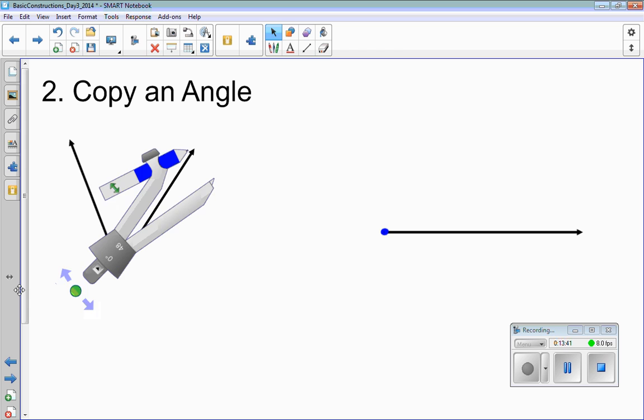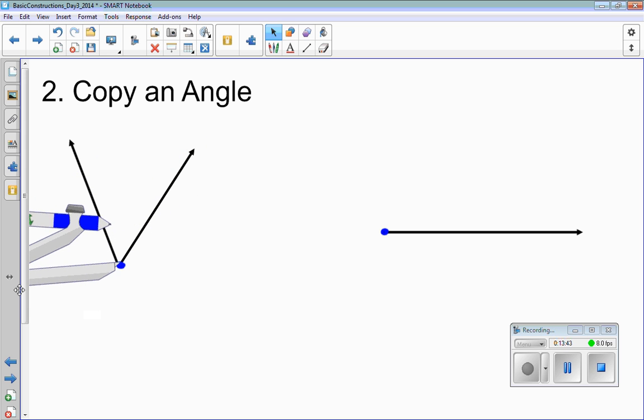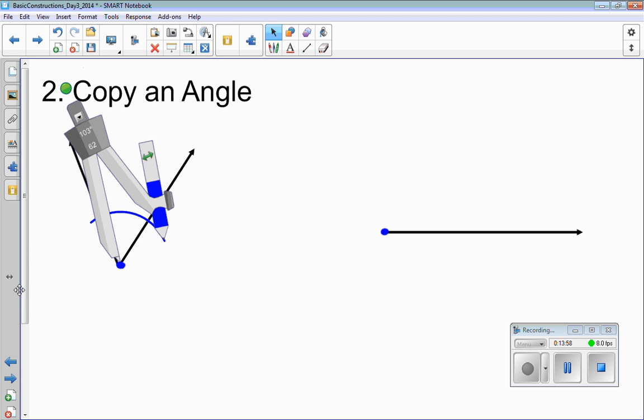Let me just rotate it here. There we go. Just open it a little bit. It doesn't matter how big. Open it a little bit more if you want. I don't care. And then you're going to make an arc just across the one. Please don't change the spread of the compass once you've done that.